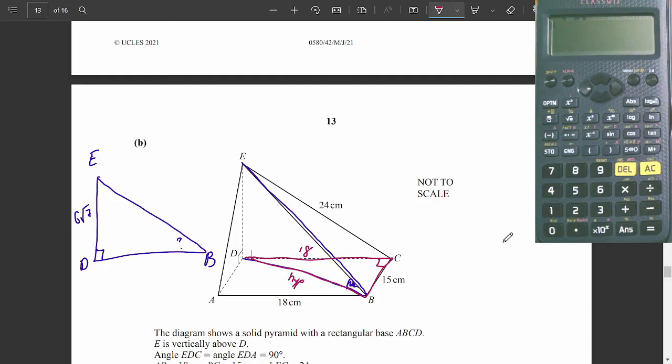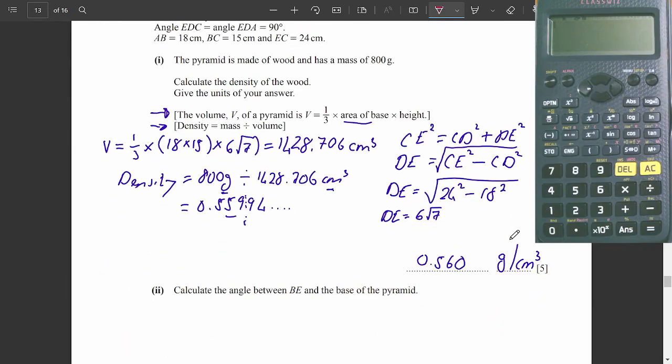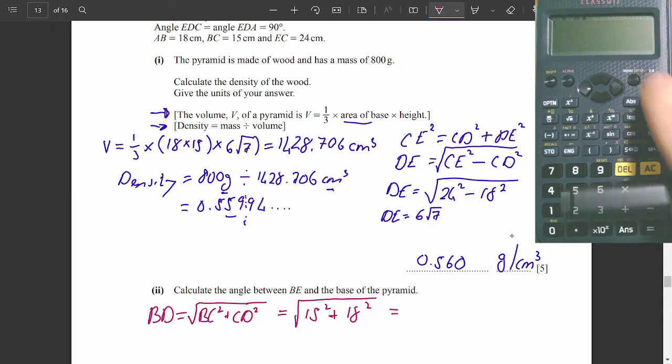Okay, so BD will equal the square root of BC squared plus CD squared. Okay, we know that BC is 15, so that's 15 squared, and CD is 18, that's 18 squared. So let's do that.